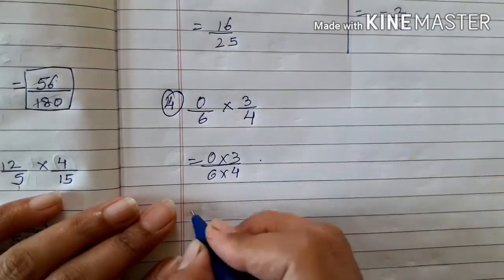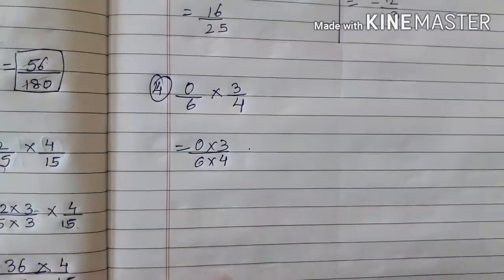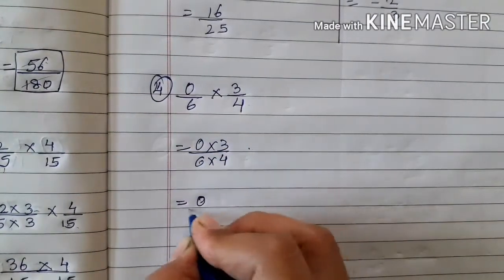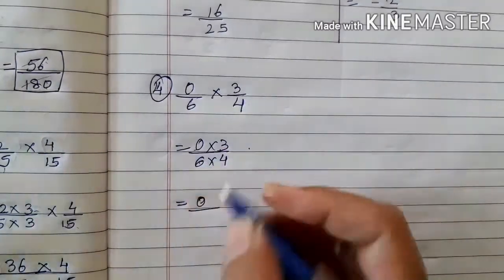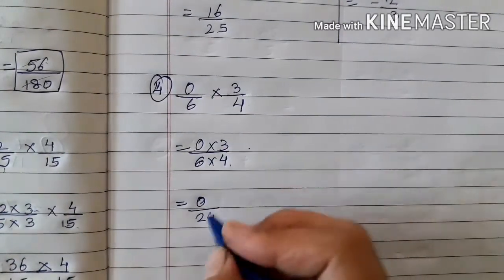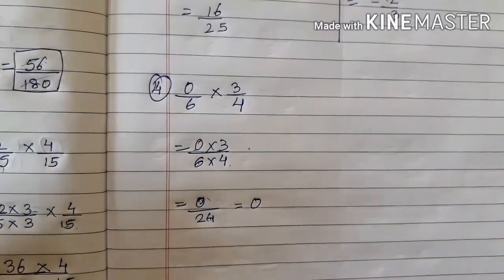Now no need to remove LCM, no need to do anything. We don't have to remove the prime numbers also, because it is simple. 0 3s are 0. Anything which is multiplied by 0, we will get 0, and 6 4s are 24. That's it. And when we divide 0 by anything, the answer is going to be 0. That's it. Okay, so multiplication is over.